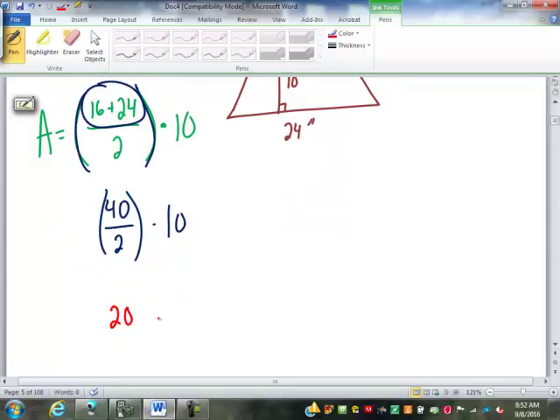Parentheses are reduced to a single number, so I can take them out. 20 times 10 is 200. The units there are going to be inches squared, or square inches. This would have been 16 inches plus 24 inches is 40 inches. Divided by 2 makes that 20 inches. And that is 10 inches. So inches times inches is inches squared.